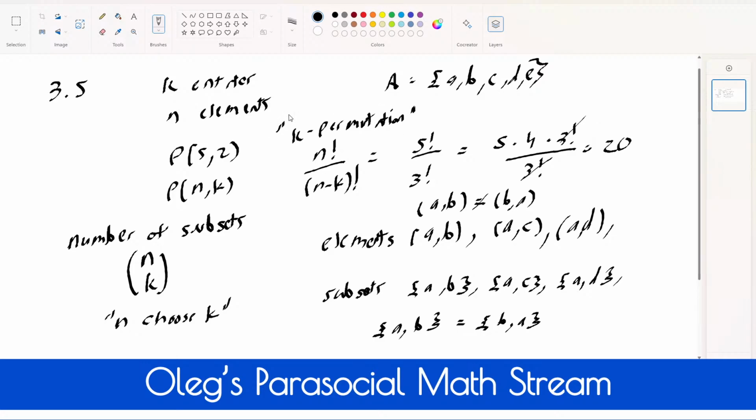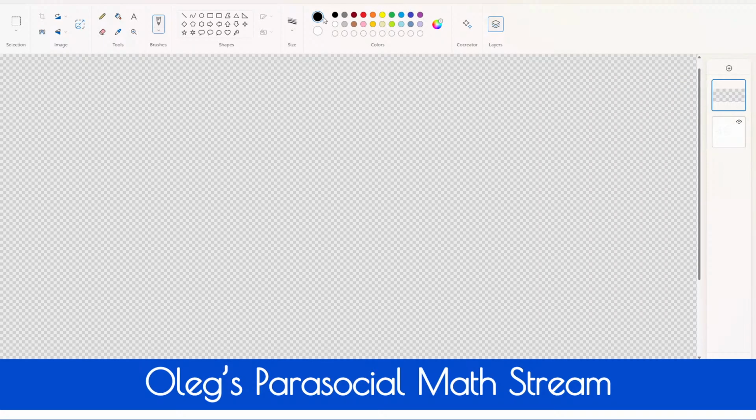The n choose k can also be written like this. You can also do that. Here we go. Now we're going to look at some examples here.